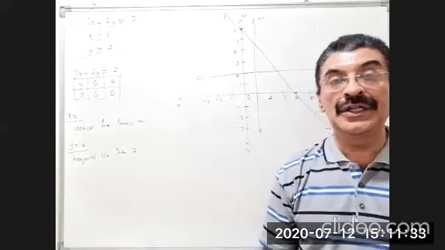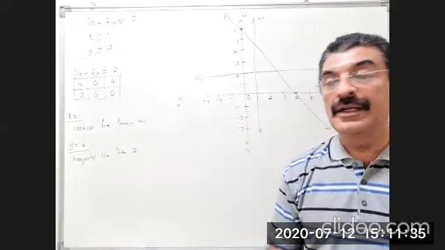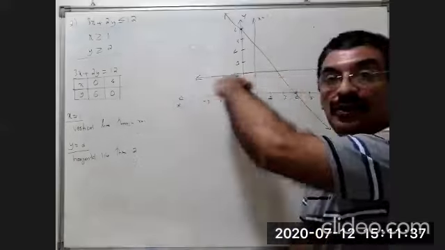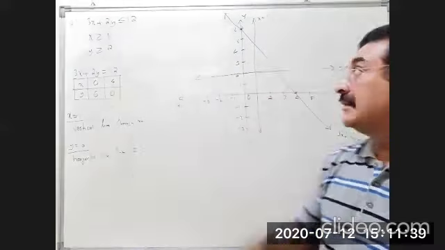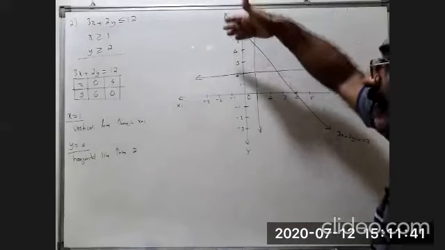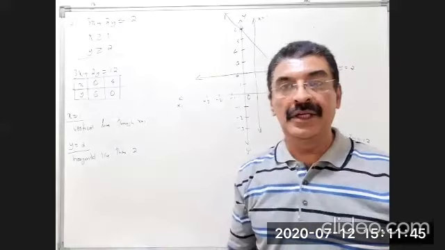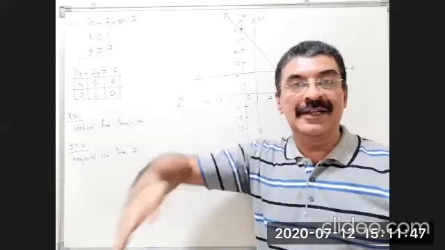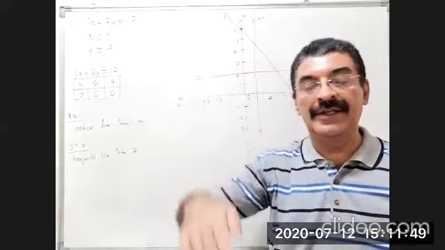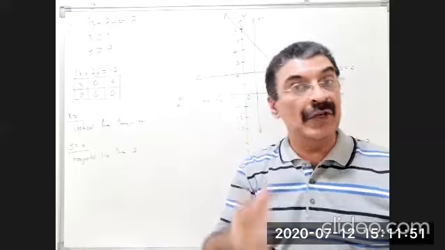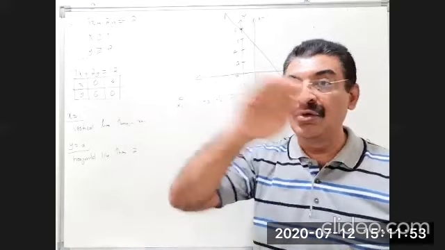If the equation is only in y, it is parallel to the x-axis, a horizontal line. The remaining slanting lines will be in both x and y. The equation in both x and y will be slanting, either this way or this way, whereas a vertical line is only in x and a horizontal line is only in y.